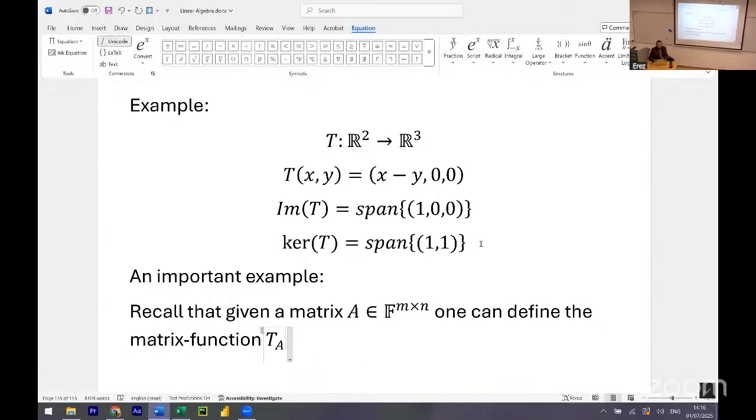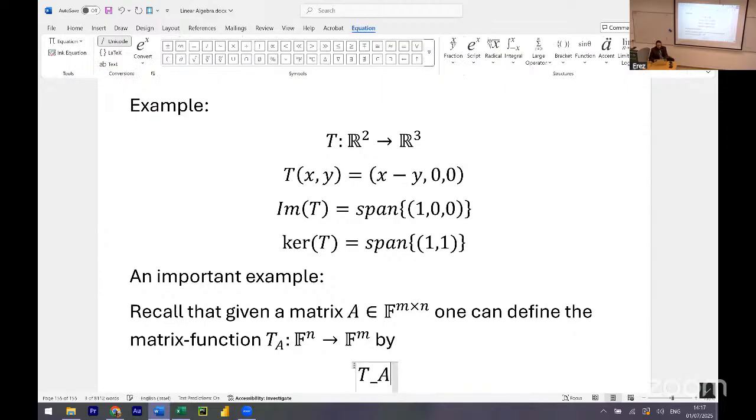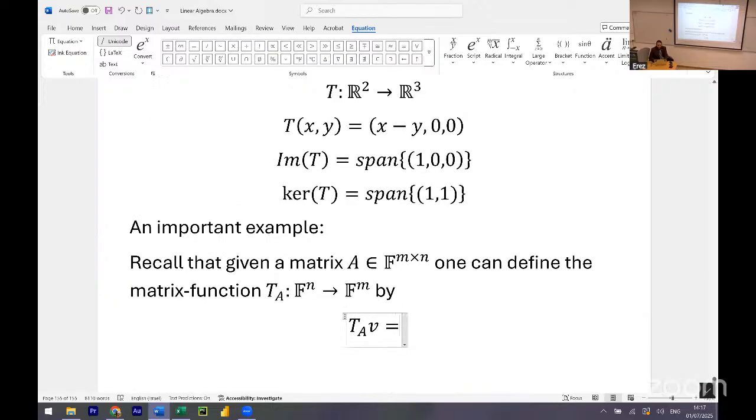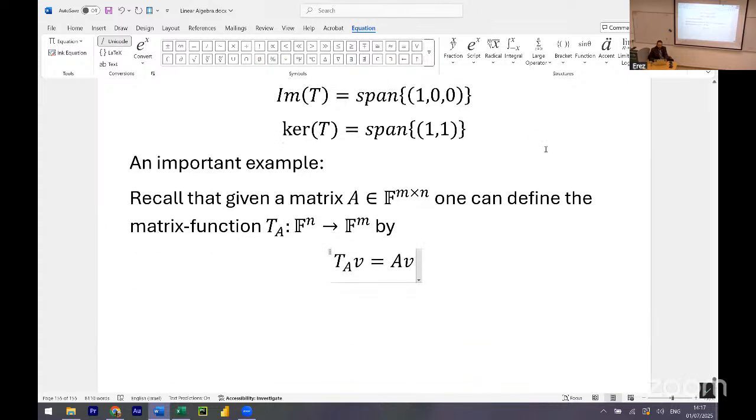The matrix function T_A from F^n to F^m. What does it do? It simply multiplies any vector by the matrix. And that's a linear function. We've seen it last time when we studied linear functions.